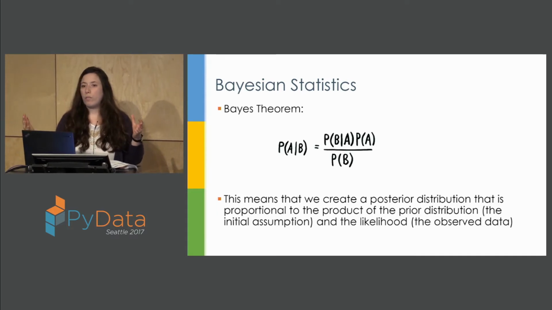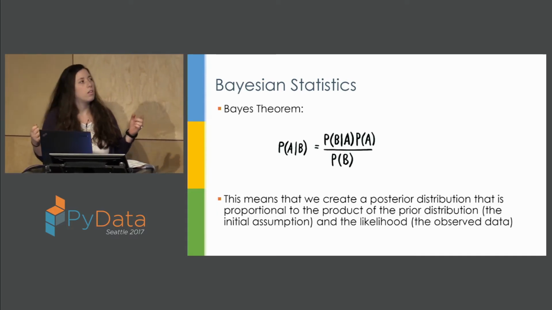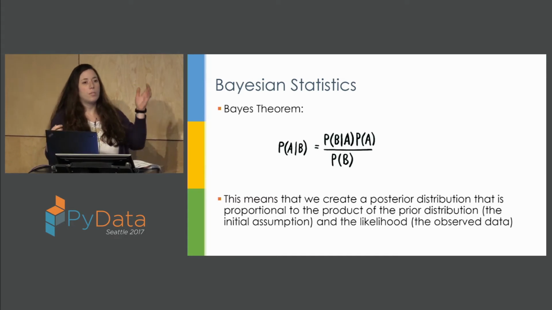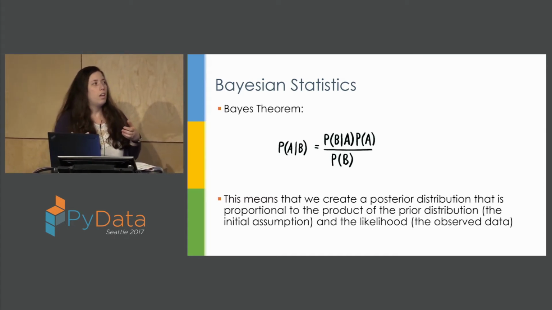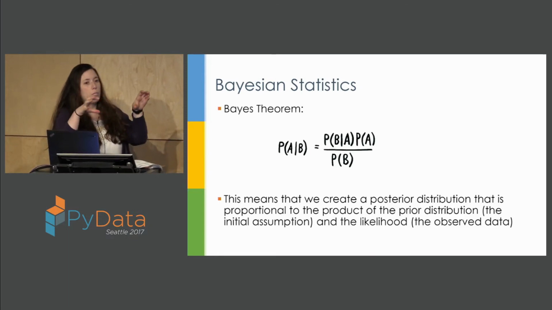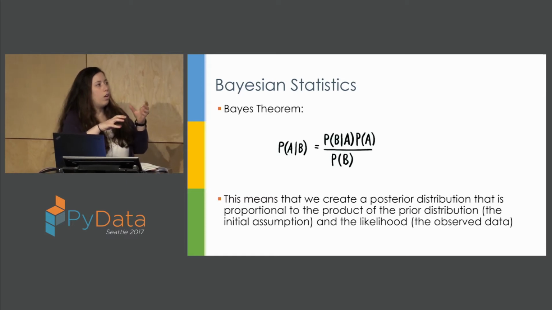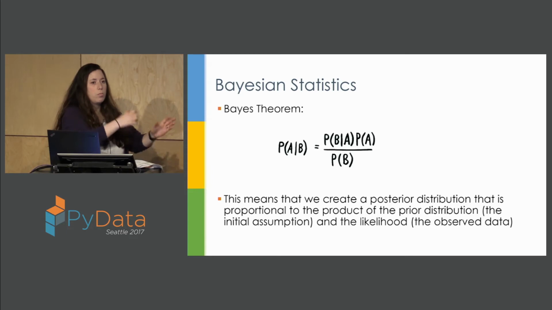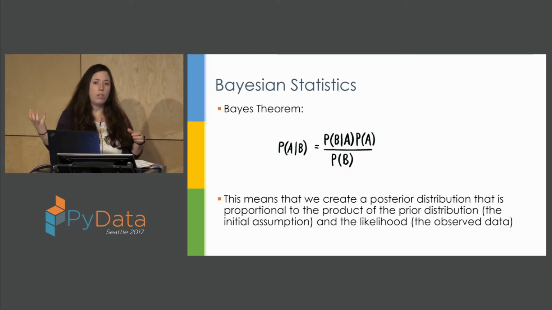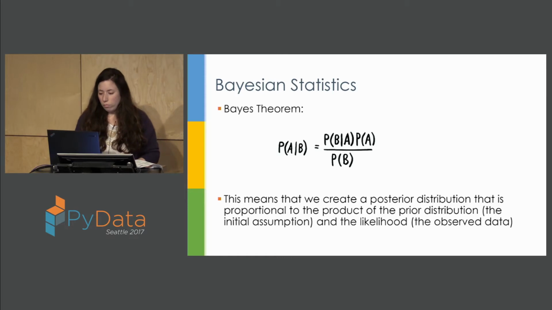We start off with our prior distribution, the P of A, and then as data comes in, that data is our observed data, or our likelihood. When we take the product of those two, our posterior, our actual distribution, what we assume to be the distribution of the data, is proportional to the product of the prior assumption and the likelihood, the observed data.